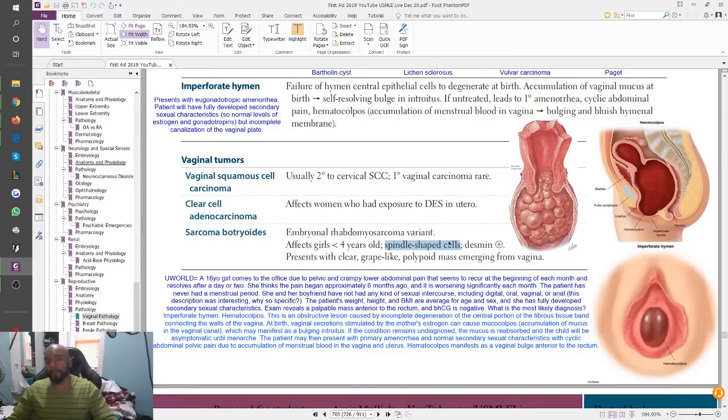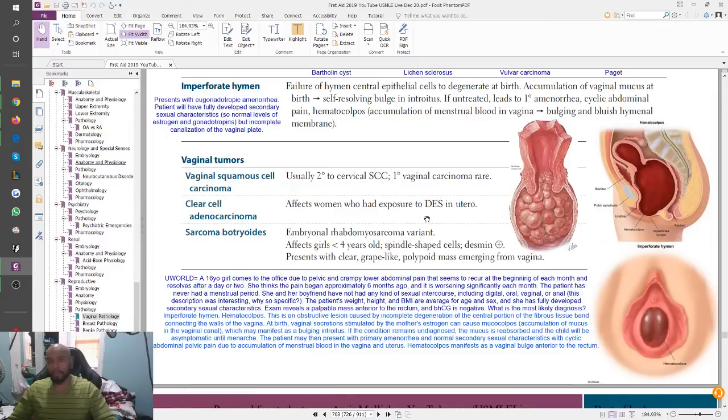And when they tell you spindle-shaped cells, they love throwing this at you in a question stem because it can really intimidate you and throw you off. So don't really let it get to you that much. But keep in mind that this rhabdomyosarcoma, sarcoma botryoides of the vagina, has spindle-shaped cells that are desmin positive, right, because it's muscle. Presents with a clear, grape-like polypoid mass emerging from the vagina, as you can see in this drawing.